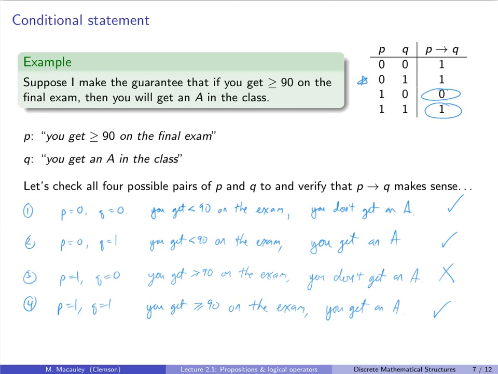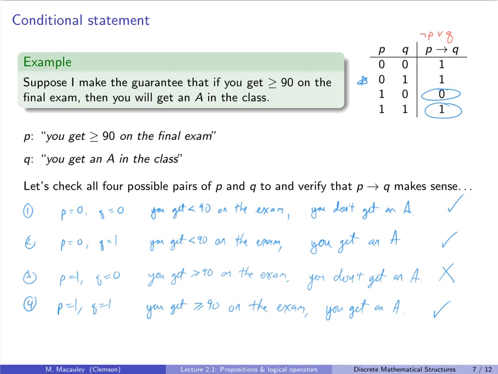Finally, let's note that what I said in the previous slide still holds, that this is equivalent to not P or Q. Now, the formal notion of equivalence we will discuss in a later lecture. But for now, notice that I kept my promise, or at least I did not break my promise, if P is false or Q is true.